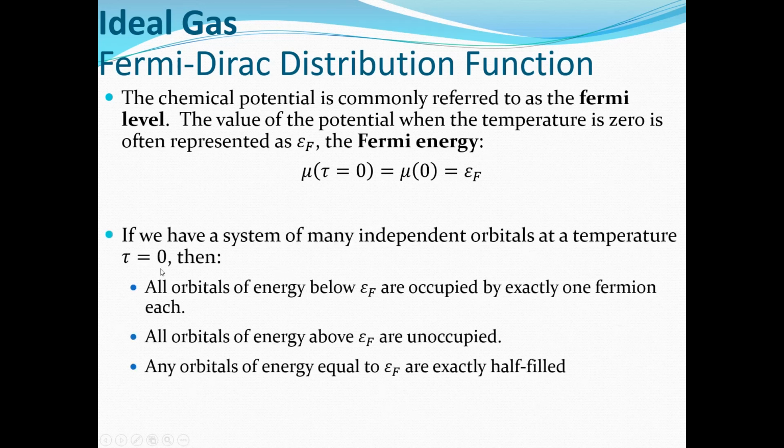So here they say that all orbitals of energy below this are occupied by 1 fermion. All the orbitals above are unoccupied, and all the orbitals that are equal to the Fermi energy are half filled.